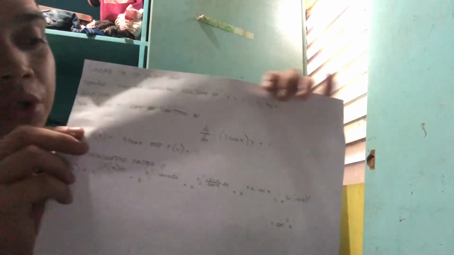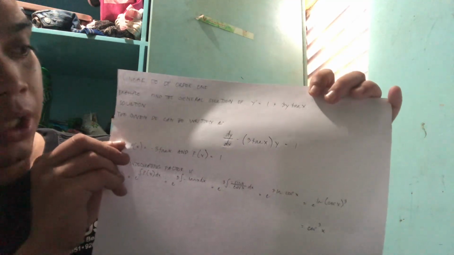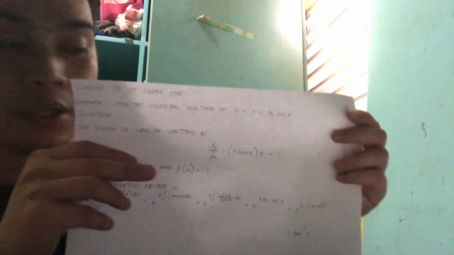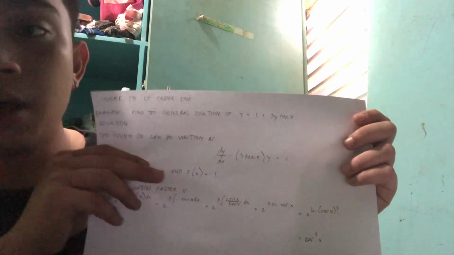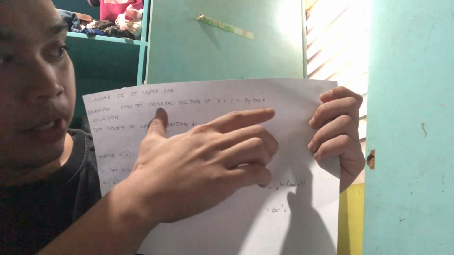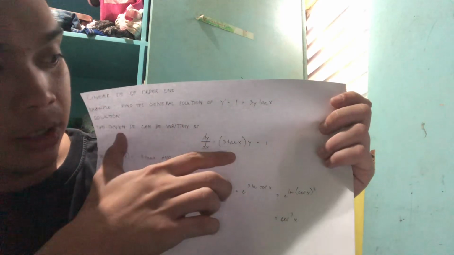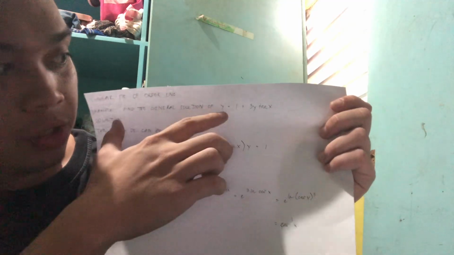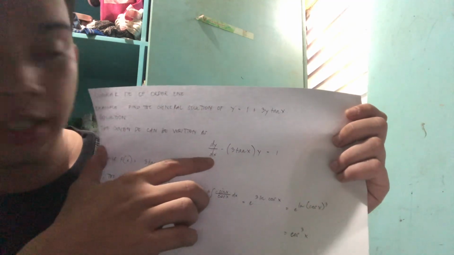So the solution is, the given DE can be written like this: dy over dx, because dy over dx is equal to y prime. So you just have to move the 3y tan x like this: dy over dx minus 3 tan x of y equals 1, because you change the y prime into dy over dx.